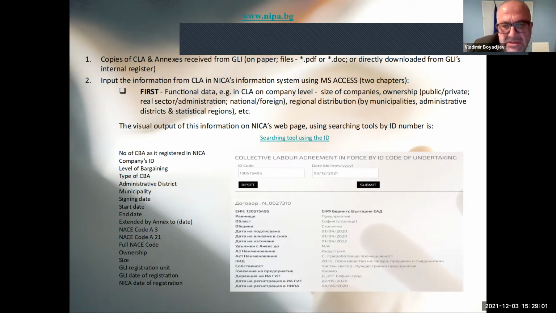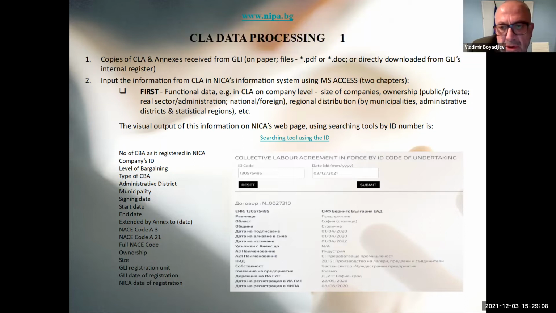So, the process. We receive from the General Labor Inspectorate hard copy papers or files, Word or PDF, or we can directly download all collective bargaining agreements from the General Labor Inspectorate internal register.